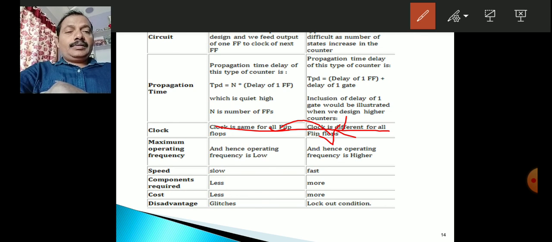Speed: asynchronous is slow, synchronous is fast. Components required: less for asynchronous, more for synchronous. Cost is less for asynchronous and more for synchronous. Disadvantage: glitches are a problem in asynchronous, and lockout condition in synchronous. So these are the disadvantages.